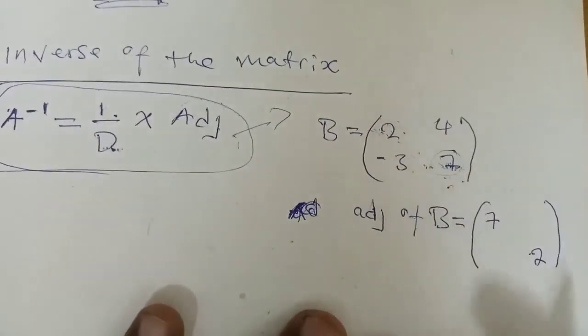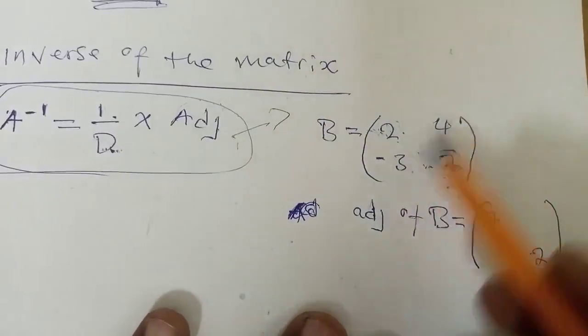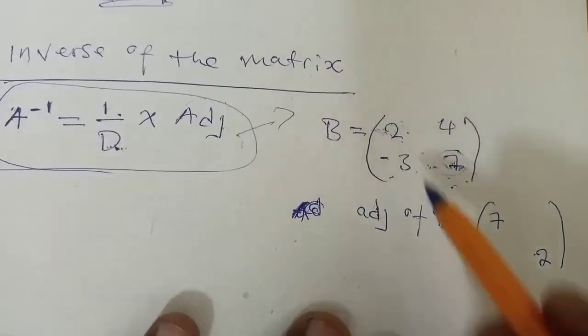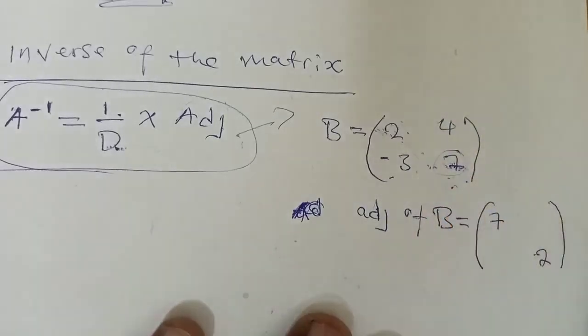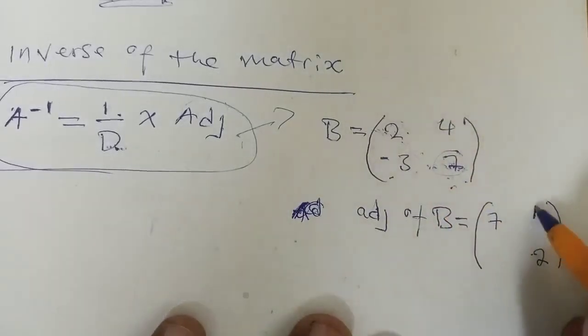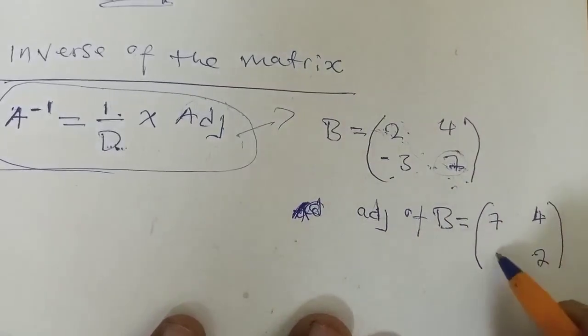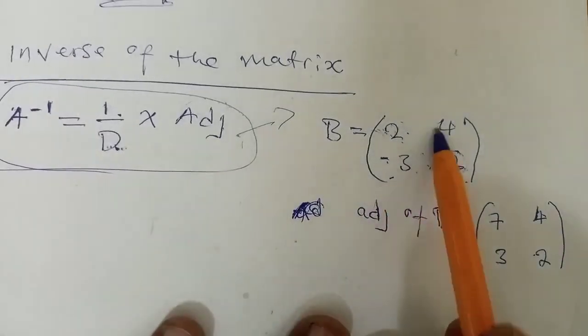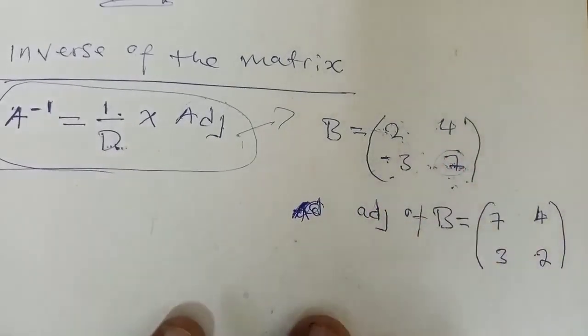Now, how about the minor diagonal? The entries of the minor diagonal will remain like that. So here we have 3 like that. But they will just exchange their signs.